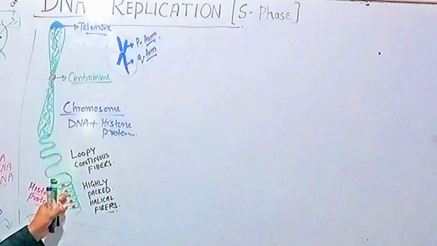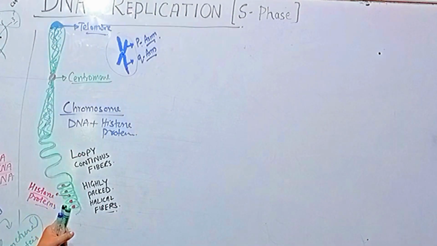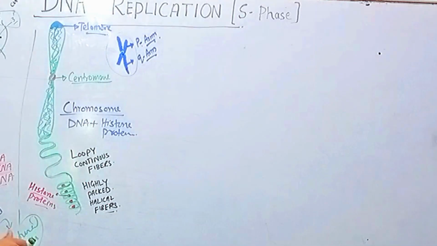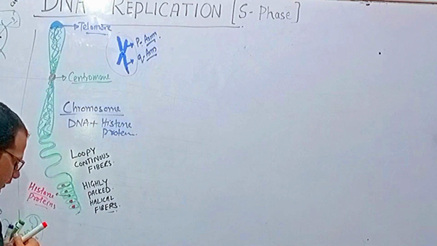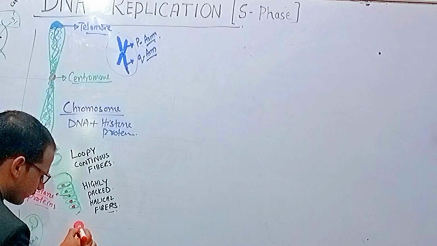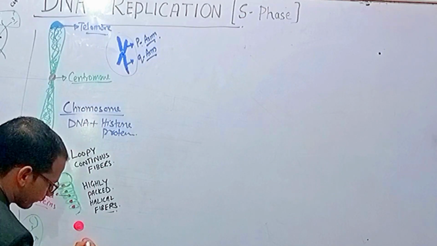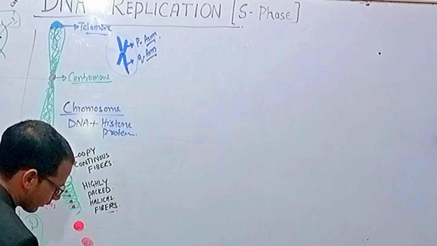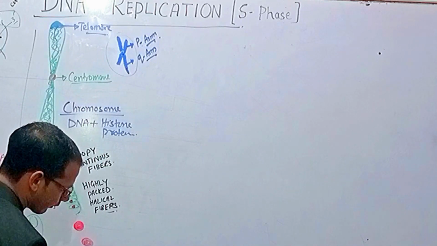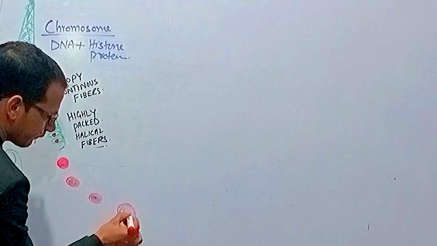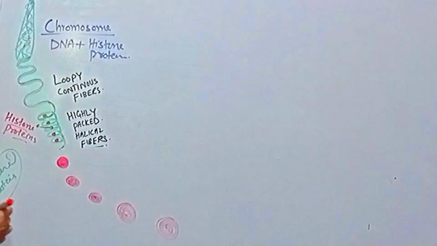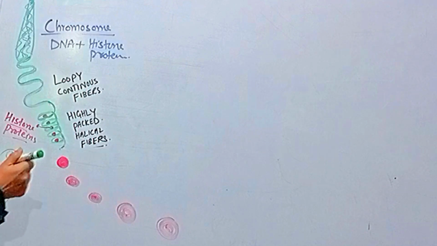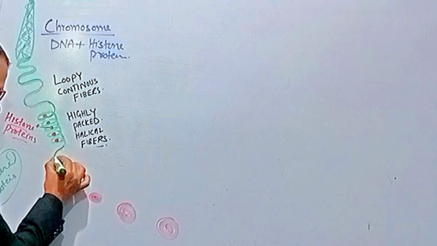Now we will zoom into these loops and see how they are made. For example, we have zoomed into these proteins. These are histone proteins, and around these proteins the DNA is coiling like this.